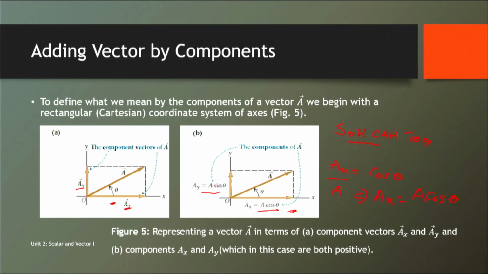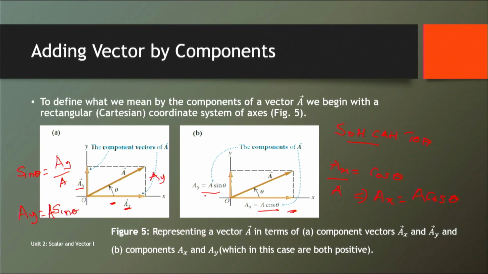The same applies here. When you consider the sine of the angle of this triangle, we can get our opposite from this rectangle here. This is the same thing as AY, A subscript Y. And if we consider the triangle this time around, the sine of the angle is the opposite, which is A subscript Y, divided by the hypotenuse A. So we can get our AY to be A sine theta.